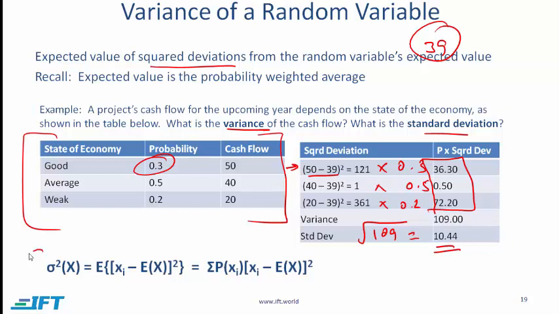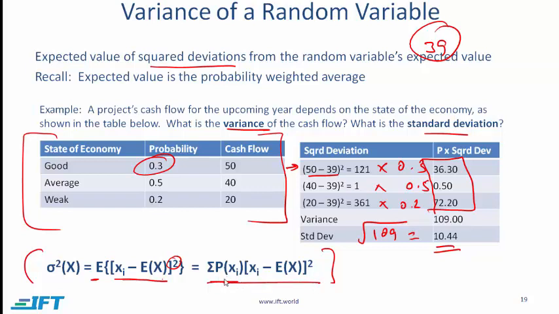You don't really need to memorize this formula, but this is effectively what we've done. This part over here is the squared deviation. So the deviation squared, and we are taking the expected value of the squared deviations. Notice that the expected value is simply the probability weighted average. So that is what we are doing here.